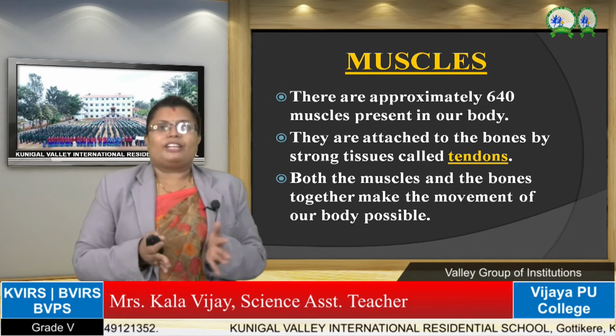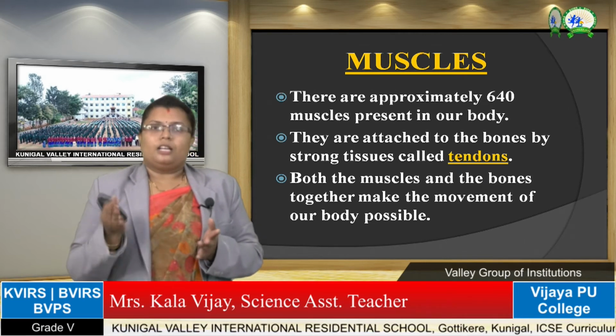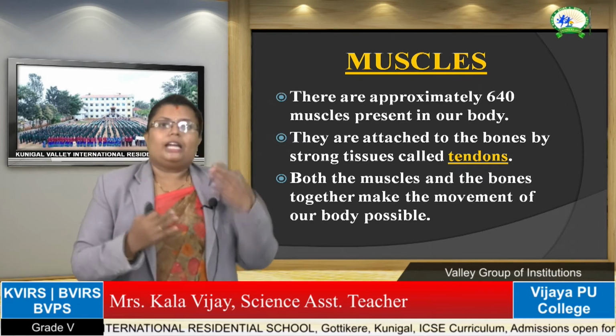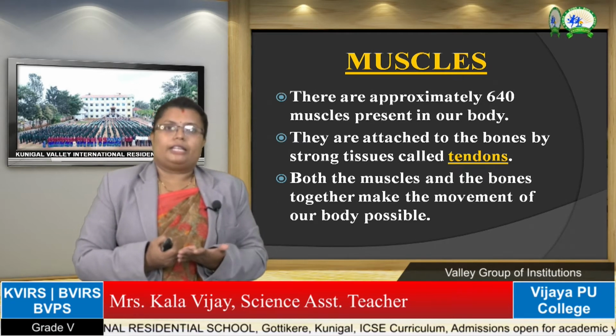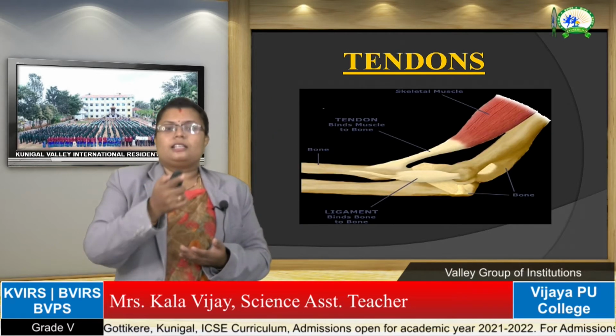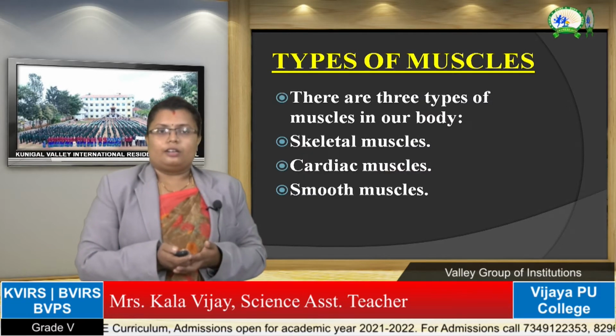With only bones, the body would be very stiff, and with only muscles, you would be only flexible. The combination of both muscles and bones helps our body in movement. If you see the picture there, these are the tendons connecting the muscles to the bones.